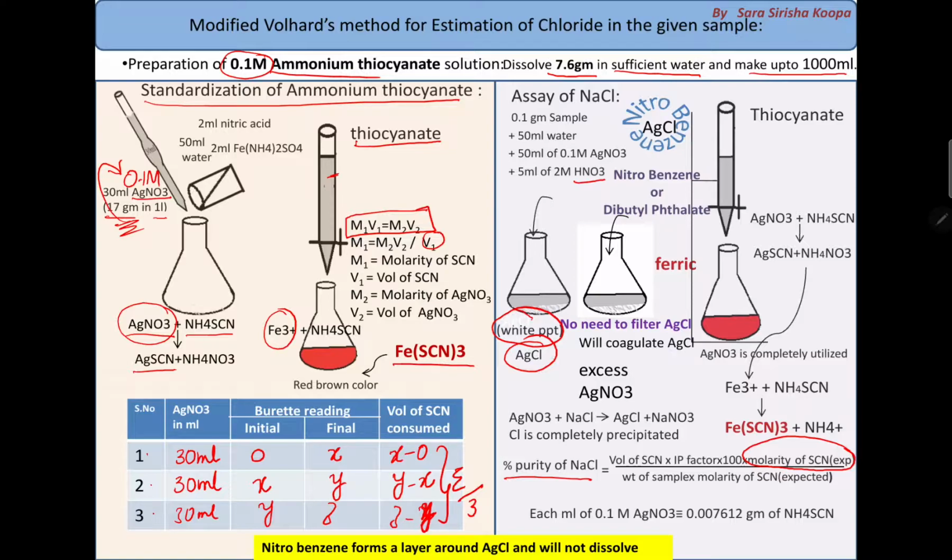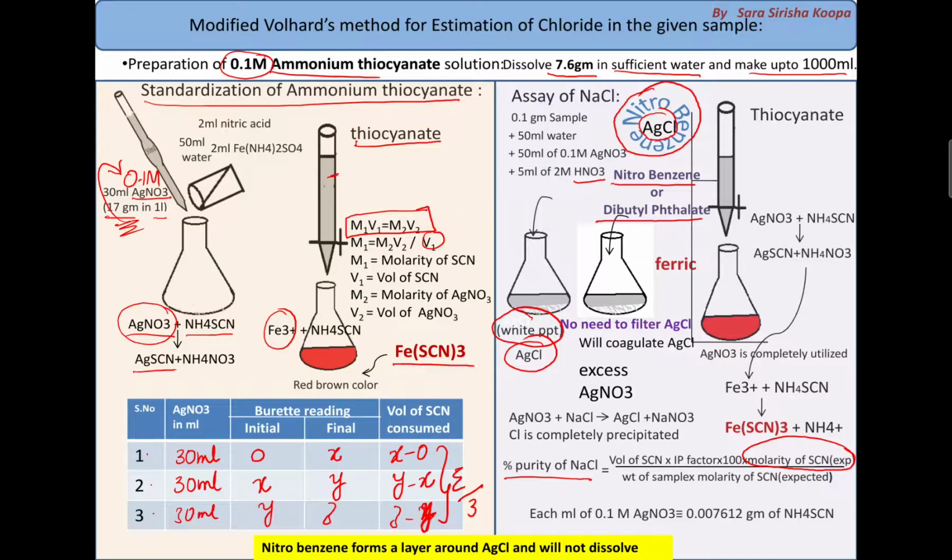Here, in case of Volhard's method, before going for the next step, that is titration with thiocyanate, we will filter. In case of modified Volhard's method, we will not filter the formed AgCl because instead we add nitrobenzene or dibutyl phthalate. Whenever you add nitrobenzene or dibutyl phthalate, whatever silver chloride is there will be coagulated with nitrobenzene or dibutyl phthalate, which results in formation of undissolved silver chloride.